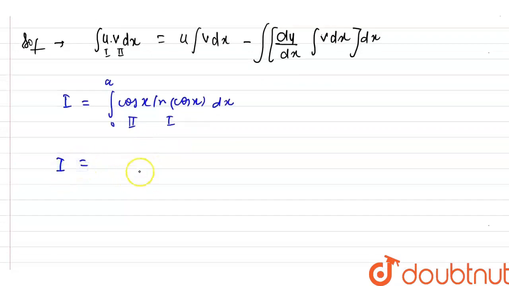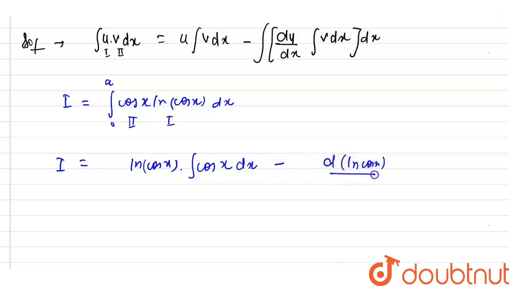I'm going to integrate this. It will be I equals ln cos x as it is, times the integration of cos x dx, minus the integral of the differentiation of ln cos x with respect to x times the integration of cos x, dx, with limits 0 to a.